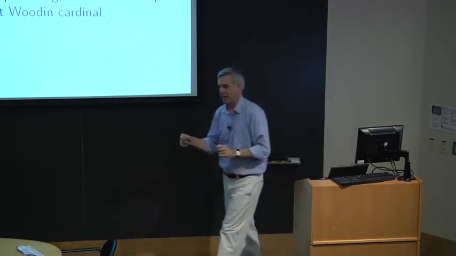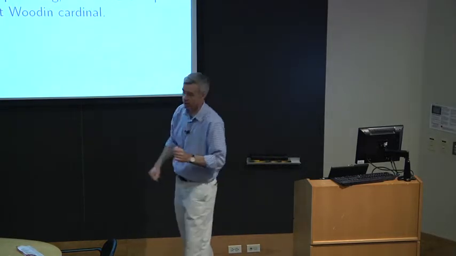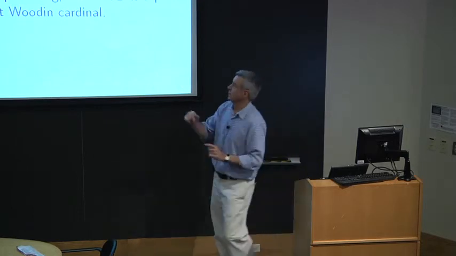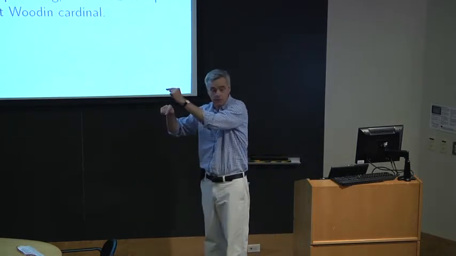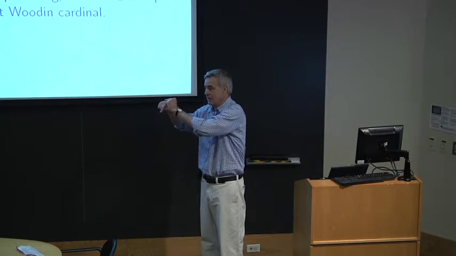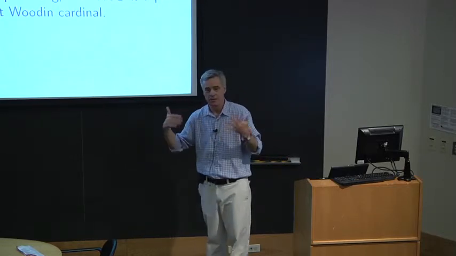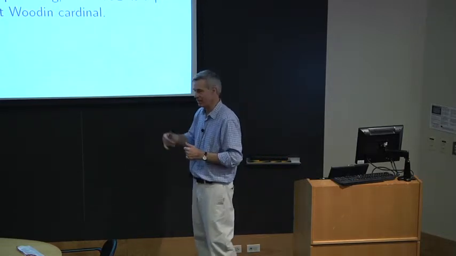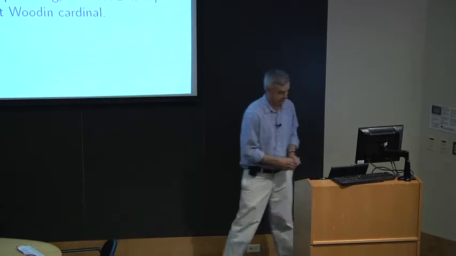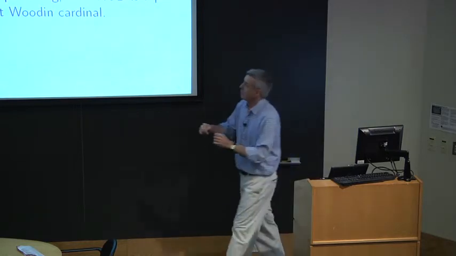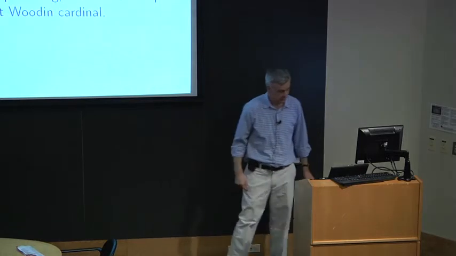Well, in order to analyze HOD, in order to prove Grigor's theorem, you really need to bring in the extender models. That's because, as I said, HOD up to its bottom Woodin cardinal is an extender model. If you don't prove that, it's really hard to see how you're going to analyze it. Now, we know this only up to the initial segment that he analyzed, up to the minimal model of AD_R plus theta is measurable.